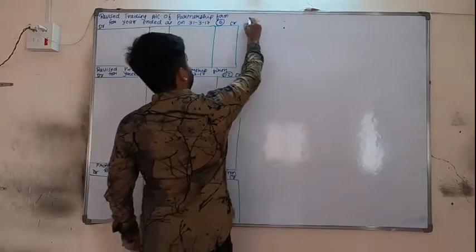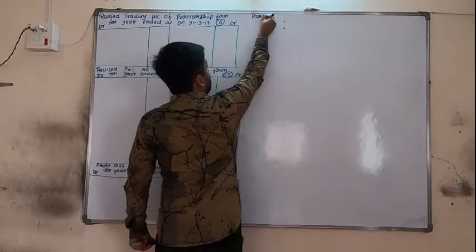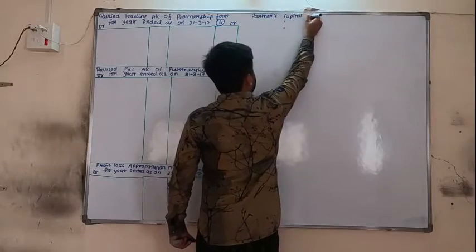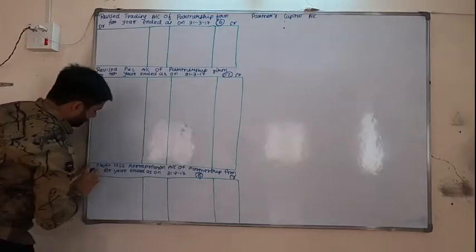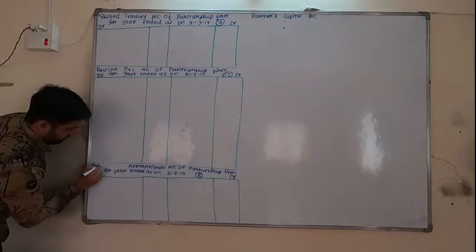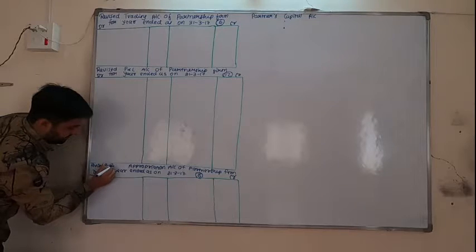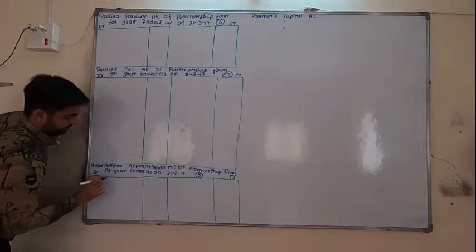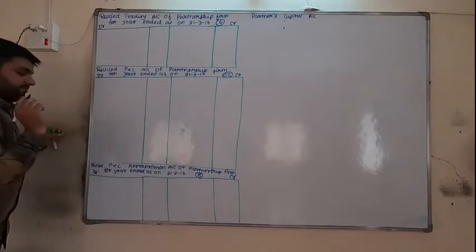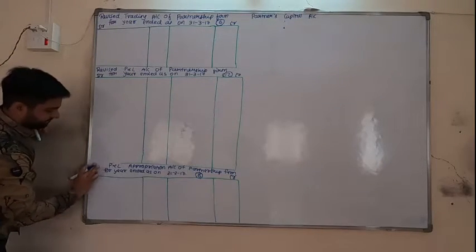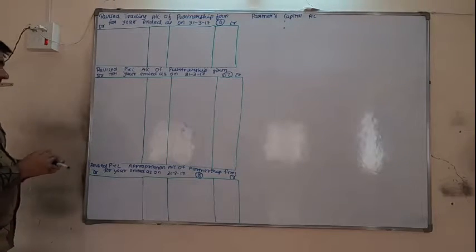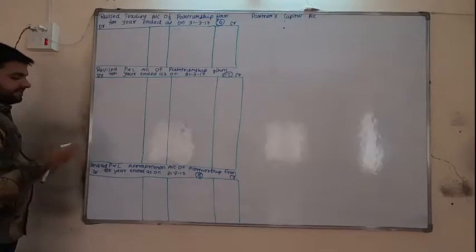Now next, partners. Here the name I have not written, I have to write it. Revised P&L calculation. Okay, revised. If you are not writing profit and loss, all of them will be written as P&L.